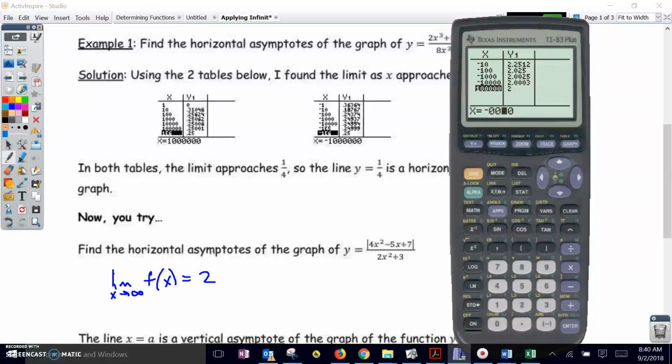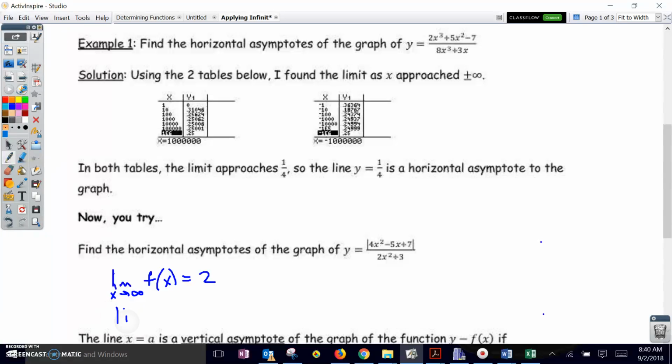Oops, I missed a 0 in there. And again, in this case, as x goes to negative infinity, the limit approaches 2.